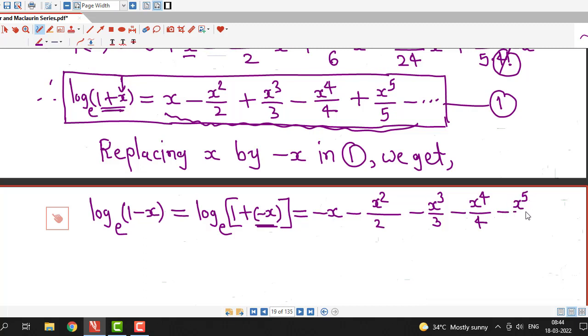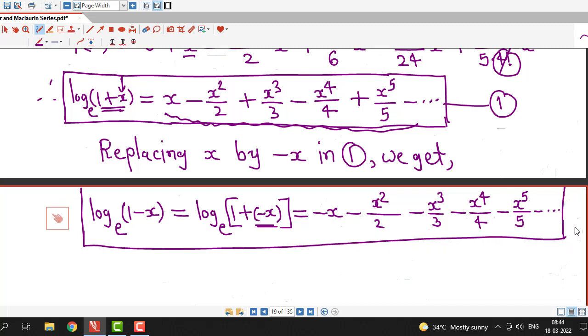So we obtain negative sign for each term of the Maclaurin series of log 1 minus x. So we can easily obtain the Maclaurin series of log 1 minus x simply by replacing x by minus x in the Maclaurin series of log 1 plus x, and we give this number 2.